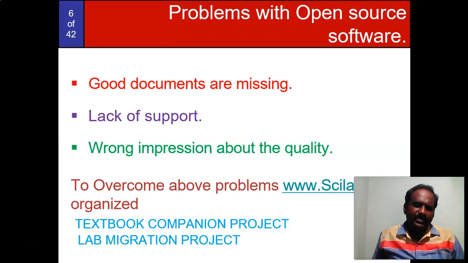And the lab migration project: they urge universities and colleges to use Scilab. If they conduct a workshop or exercises in their lab using Scilab, again an honorarium is given to the faculty, to the HODs as well as the principal of that college.